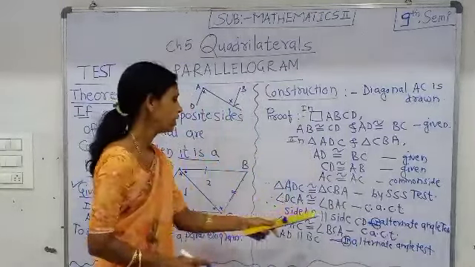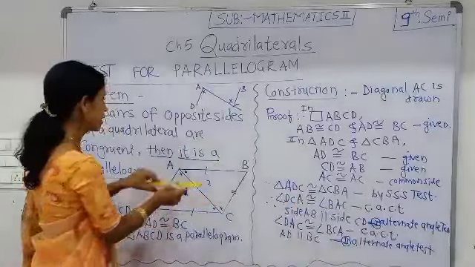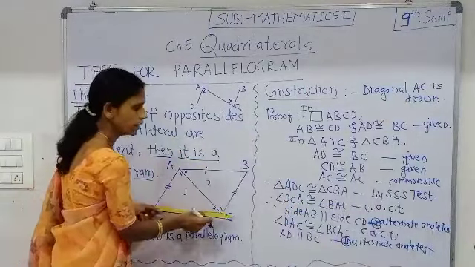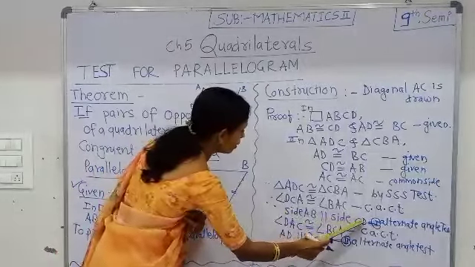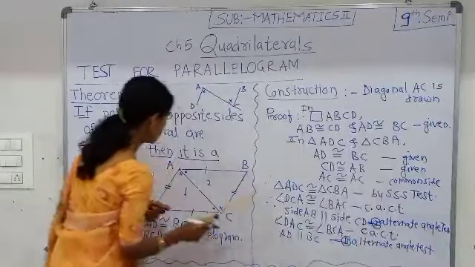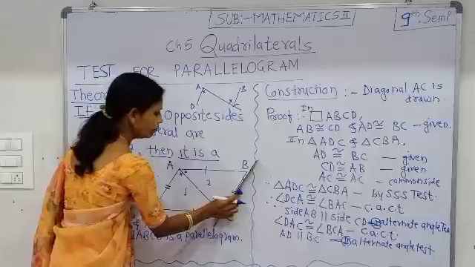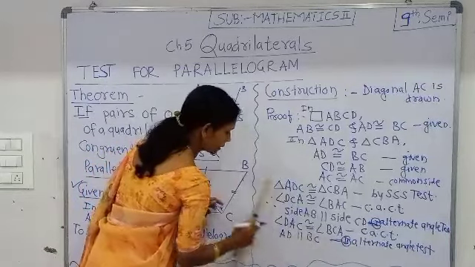Then see, equation number 1 is AB parallel to CD, as well as AD parallel to BC.